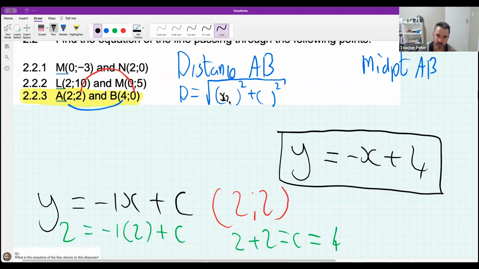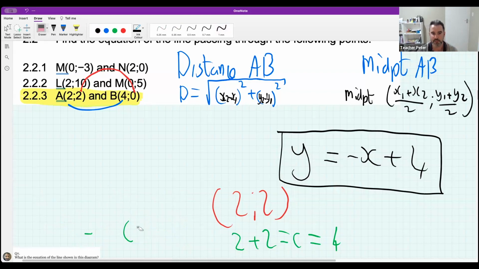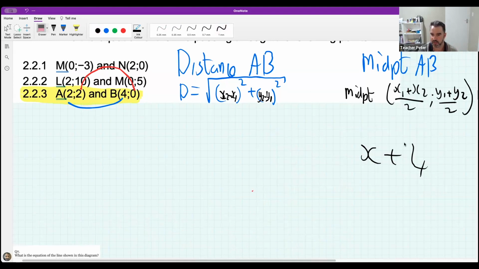But I want you to think back, and if you weren't with us, it would be worth going back to look at those lessons. But I will put the two formulas, the distance formula and the midpoint formula, on the board. Find me the distance between A and B, and find me the midpoint between A and B. And then you can put it in the chat.